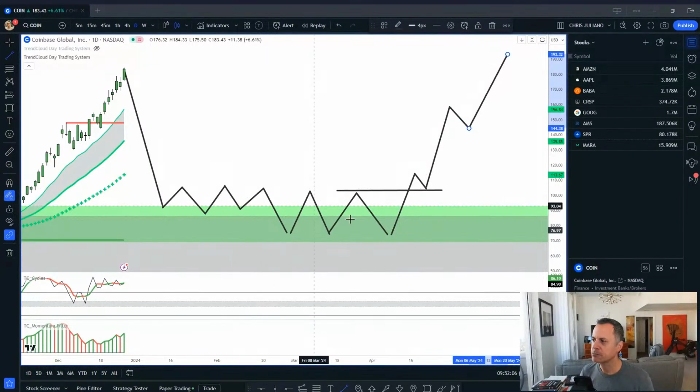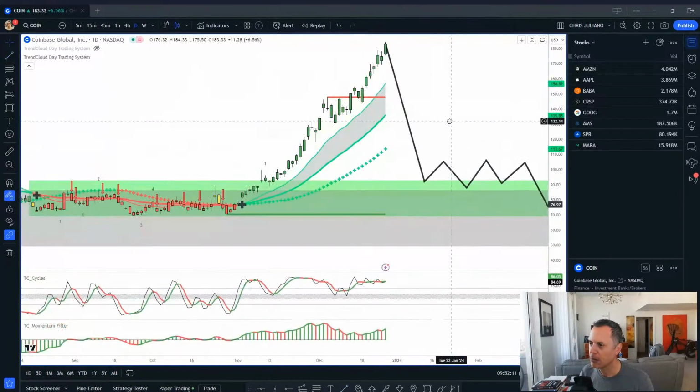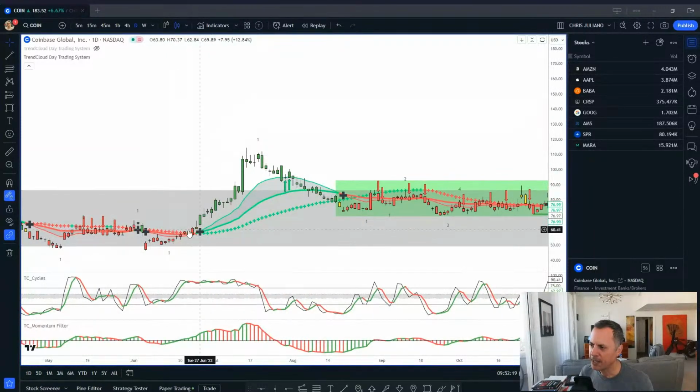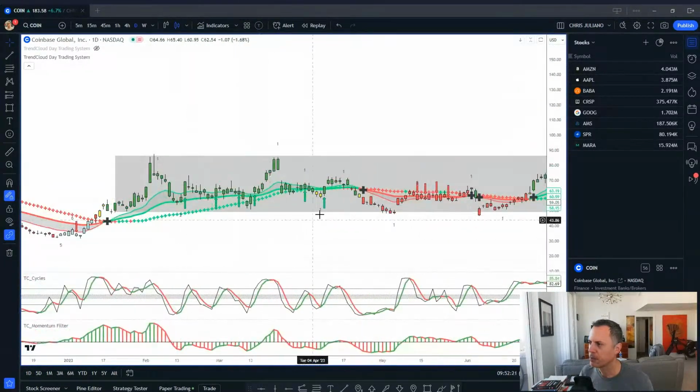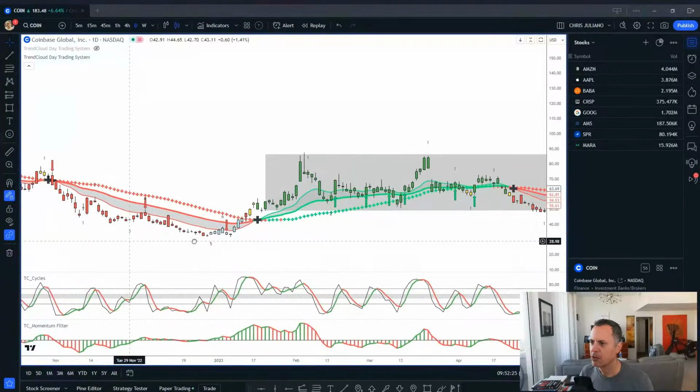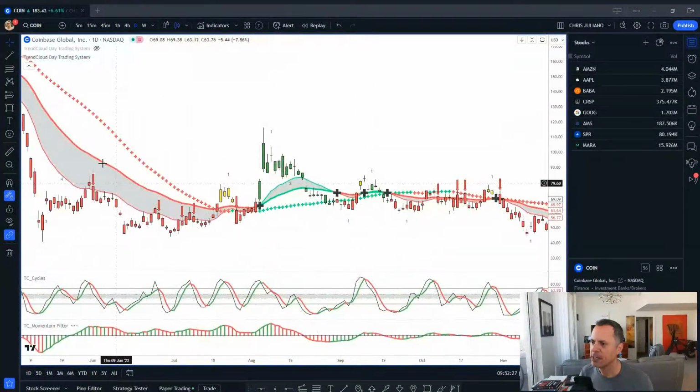So the TrendCloud will give you that signal right in here, just like it did here. All you have to do is go back and look, right? Buying opportunity. Now, right here, it really took a dump.